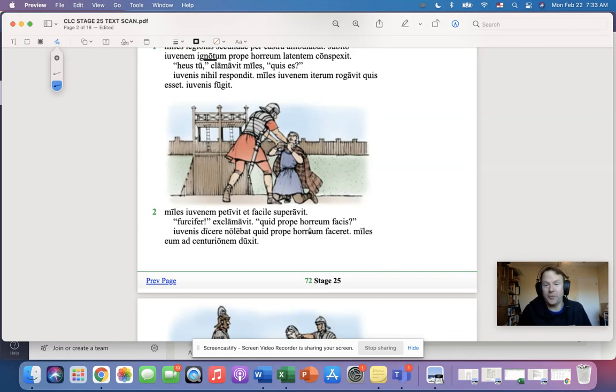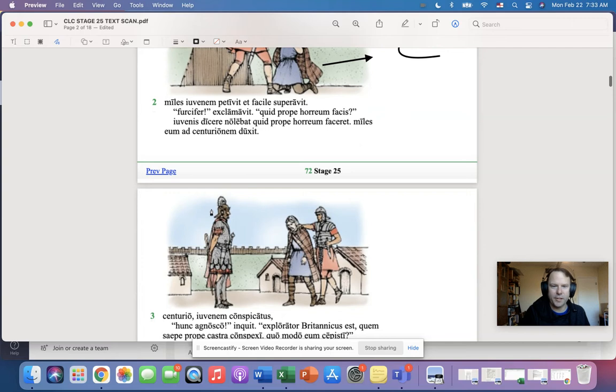Quid prope horreum facis? Homo dicere noluit quid prope horreum faceret. Miles eum ad centurionem, put a big C there for the centurio, ad centurionem duxit. Well, here is your centurio.